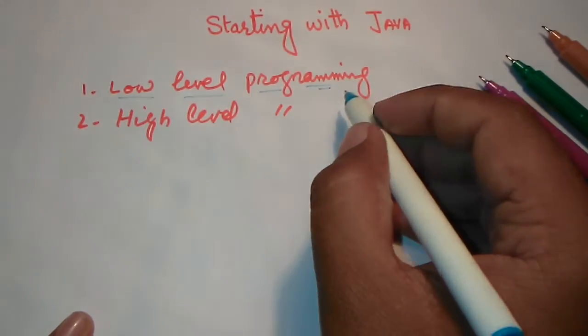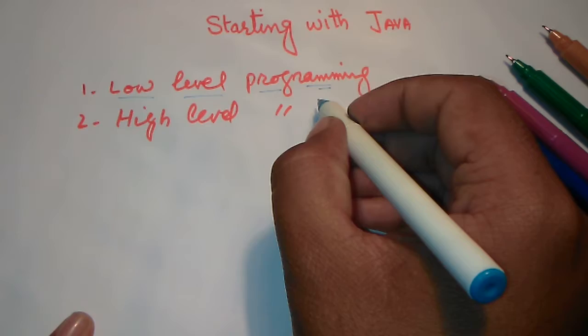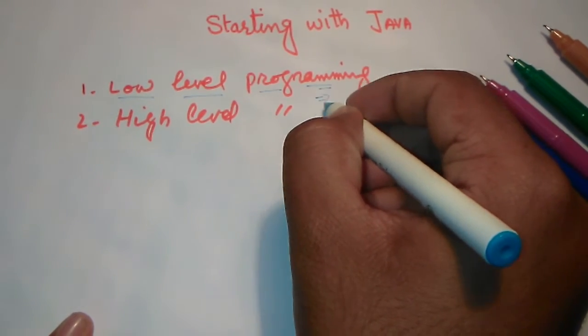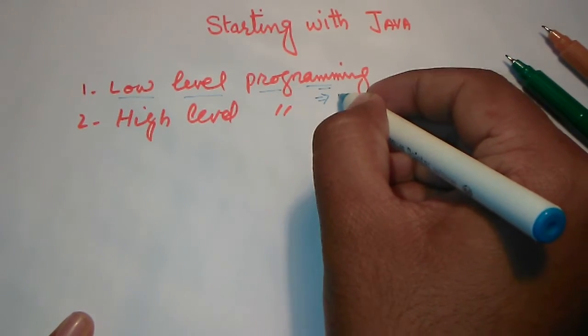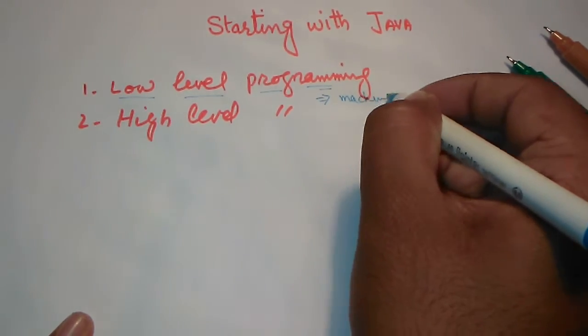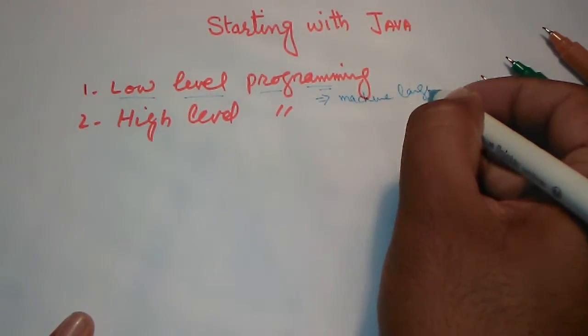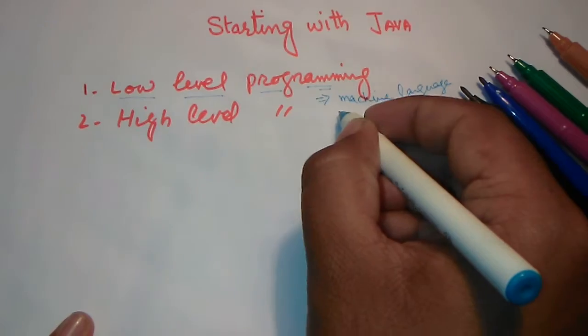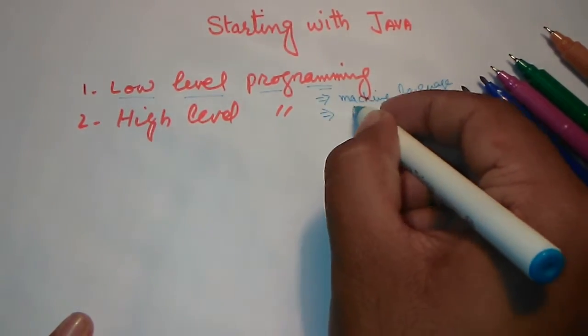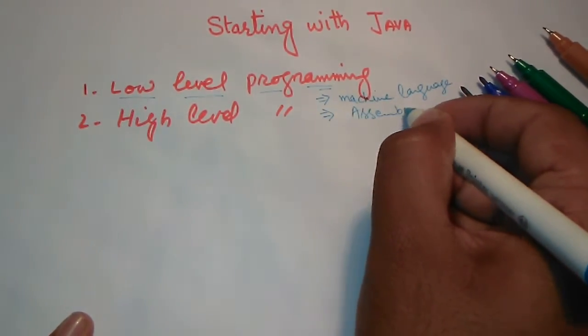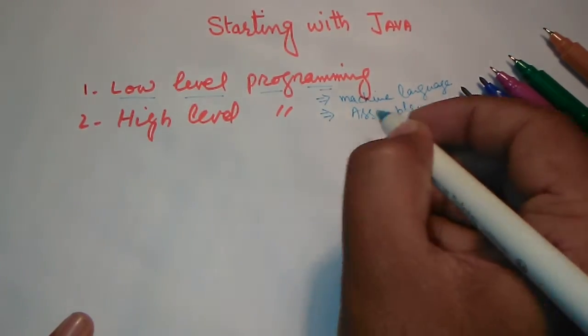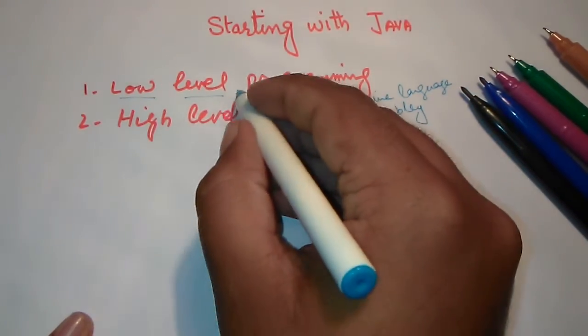For example, the low level languages are machine language, meaning binary language, and the second one is assembly language. These are low level languages.